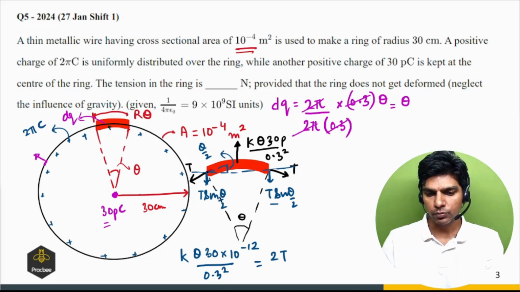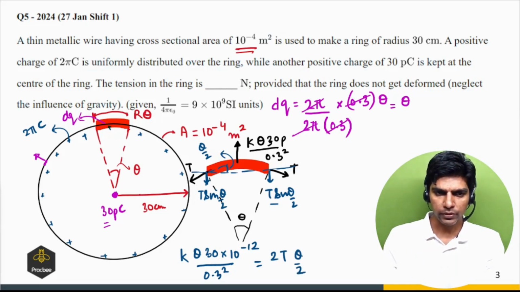Since theta is very small, sine theta by 2 can be written as theta by 2. If you look at this equation, we can remove theta, and k is nothing but 9 into 10 raised to power 9, and 2 will get cancelled out with 2.